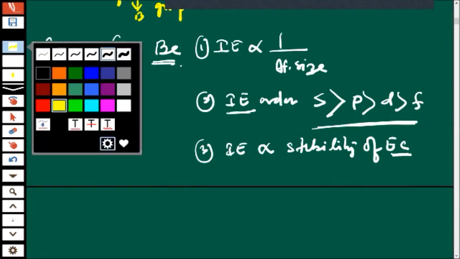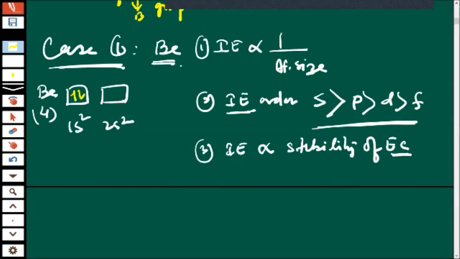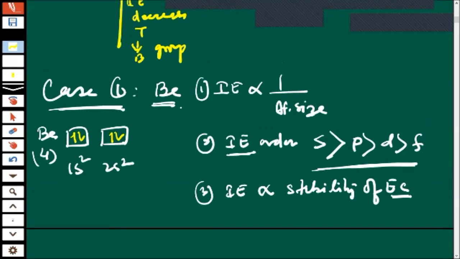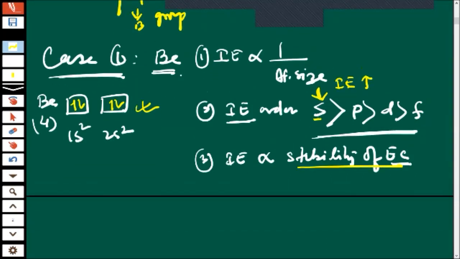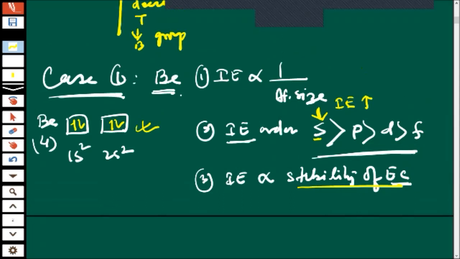So when you are removing an electron from beryllium, you are removing it from S. And if you are removing an electron from S, you have to give more ionization energy, and then also stability. So this is fulfilled stability.